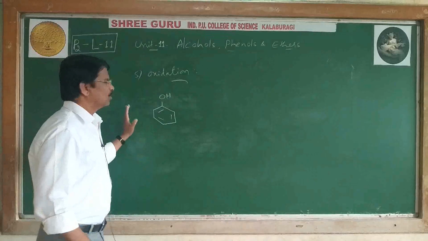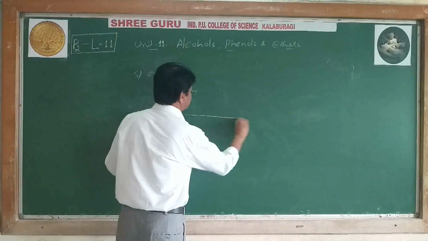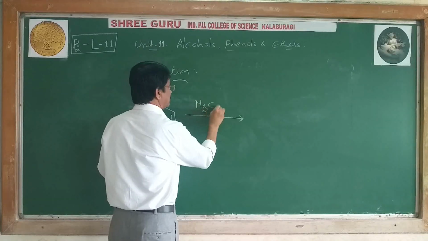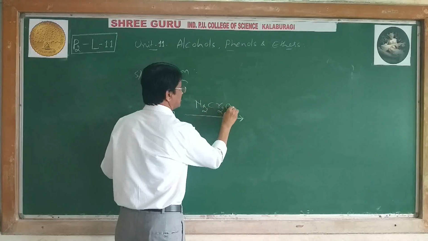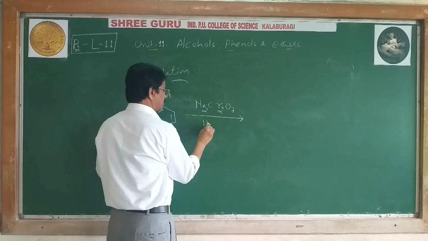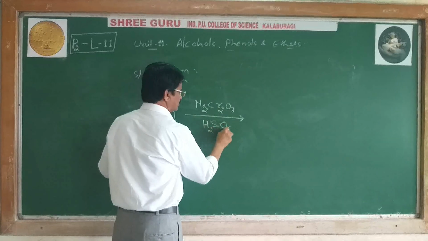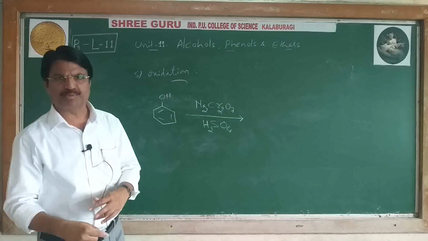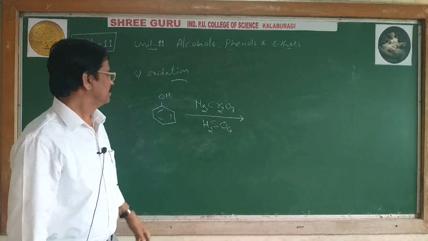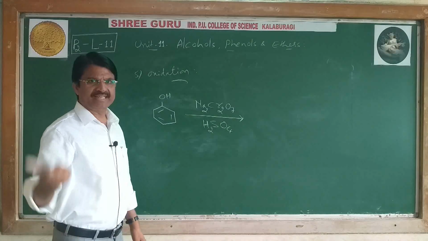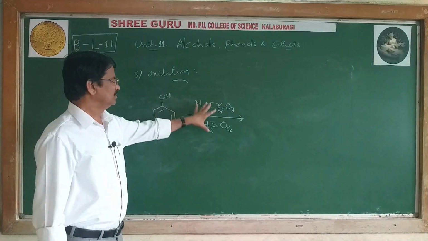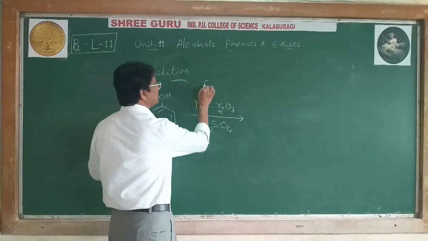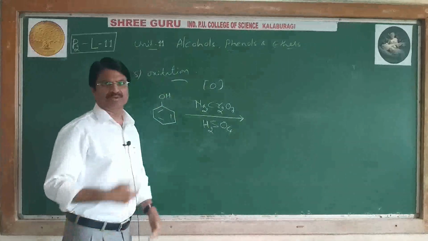But if you take an oxidizing agent such as sodium dichromate in sulfuric acid, acidified sodium dichromate, acidified potassium dichromate, or even concentrated nitric acid, KMnO4, they are very good oxidizing agents and they liberate oxygen during the reaction.